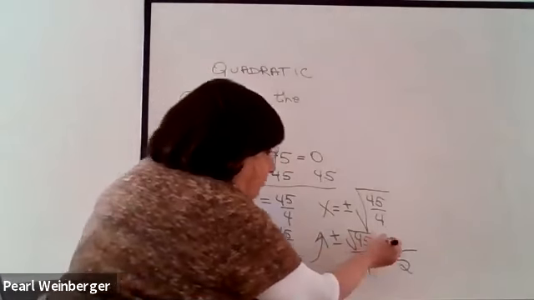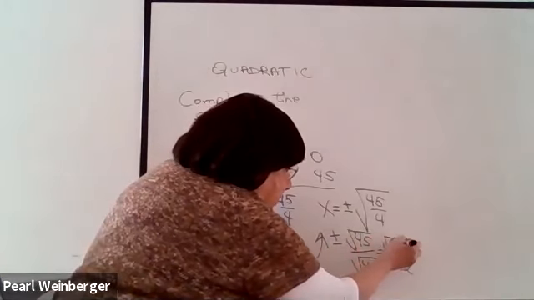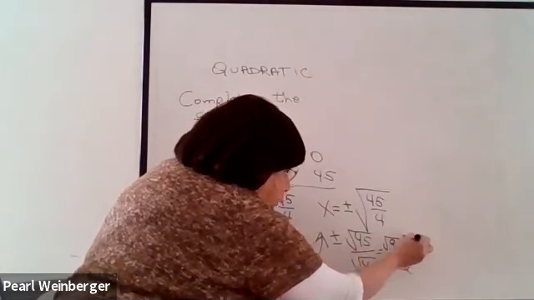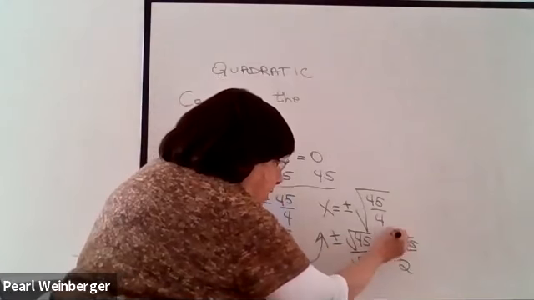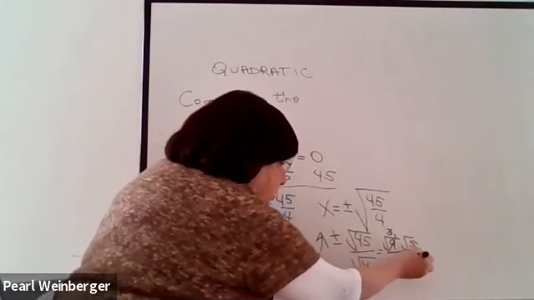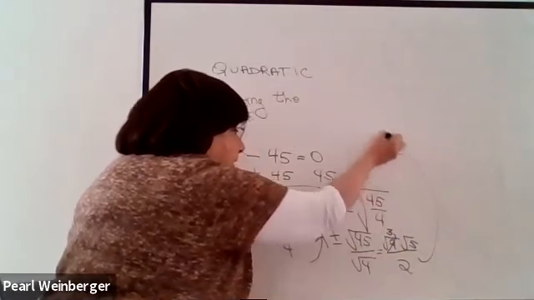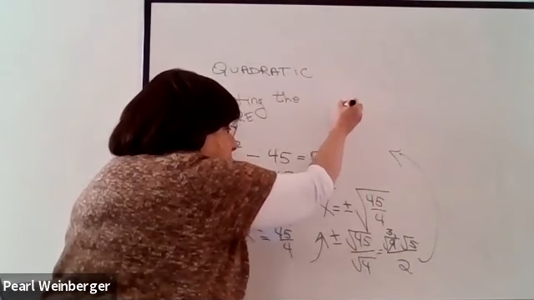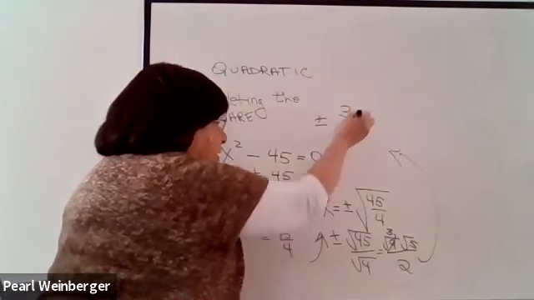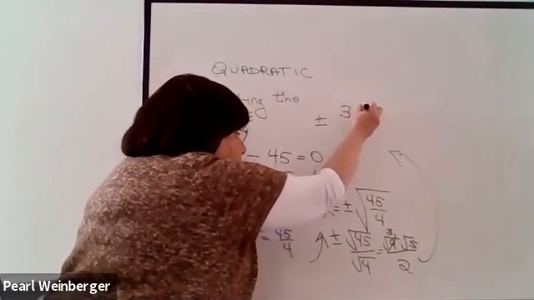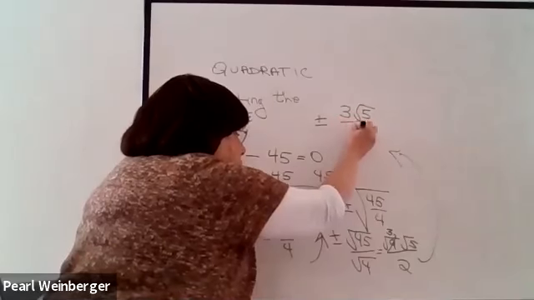The 45 I can break up into the square root of 9 and the square root of 5, because 9 is a perfect square. And the square root of 9 becomes 3. So my final answer in this case becomes plus or minus, and I better not forget that, 3 square root of 5 over 2.